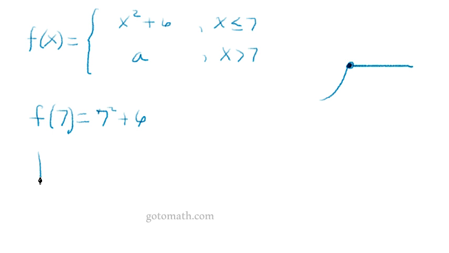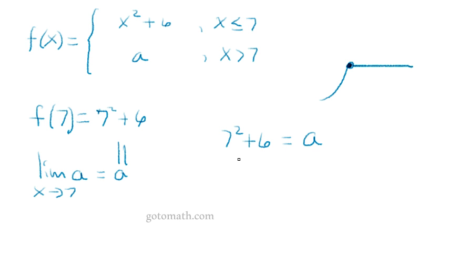Now this one down here, the limit as x approaches 7 of this constant, is just the constant, a. Both these numbers must be equal to each other, so why don't we just set them equal and solve for a.